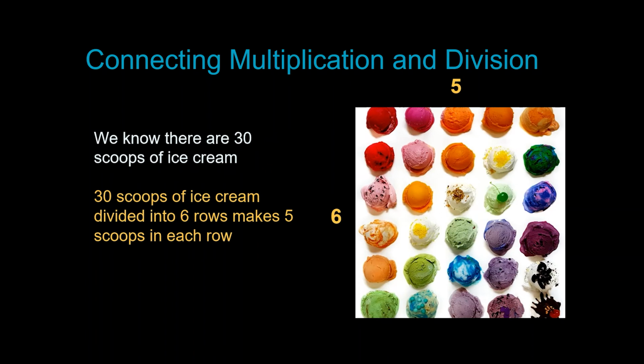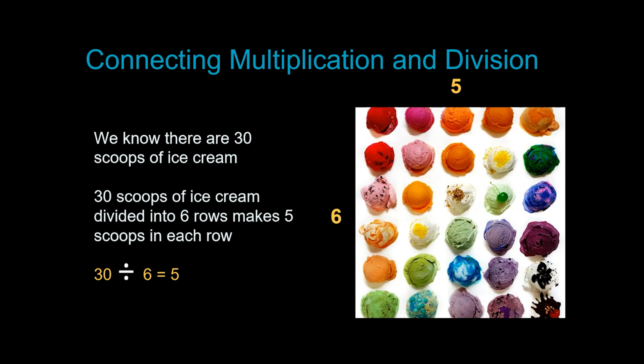We could think about it this way. If we have 30 scoops of ice cream divided into 6 rows, that gives us 5 in each row. So 30 divided by 6 equals 5.